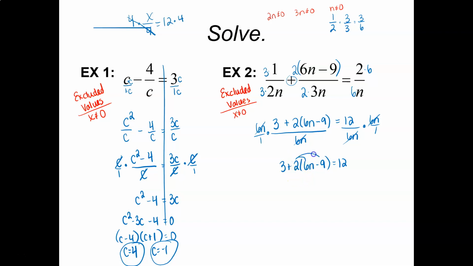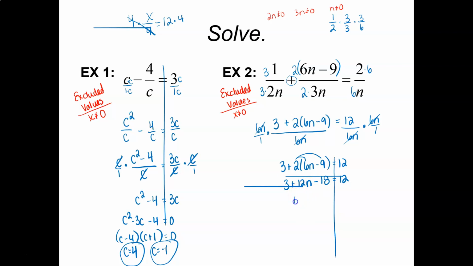So if we distribute, we will get 3 plus 12n minus 18 equals 12. This is just a regular equation. Just Math 1 solving equations, right? I could give this to my Math 1 class and maybe 60% of them could do it correctly for me, right?